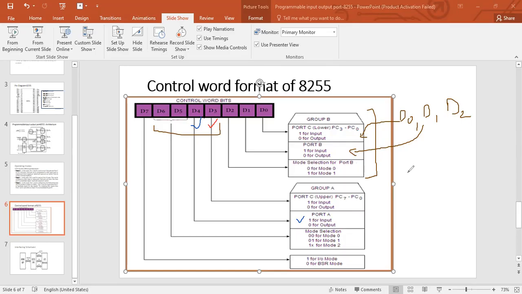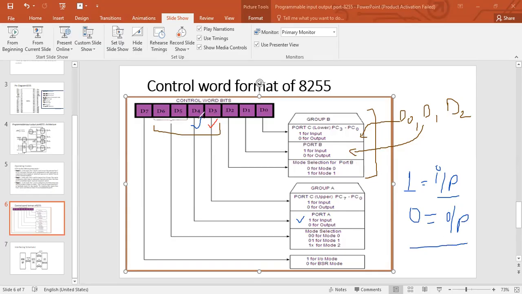How is this decided? One thing you have to remember: if the value is 1, then that port is acting as an input port, and if the value of the bit is 0, it means that port is acting as an output port.